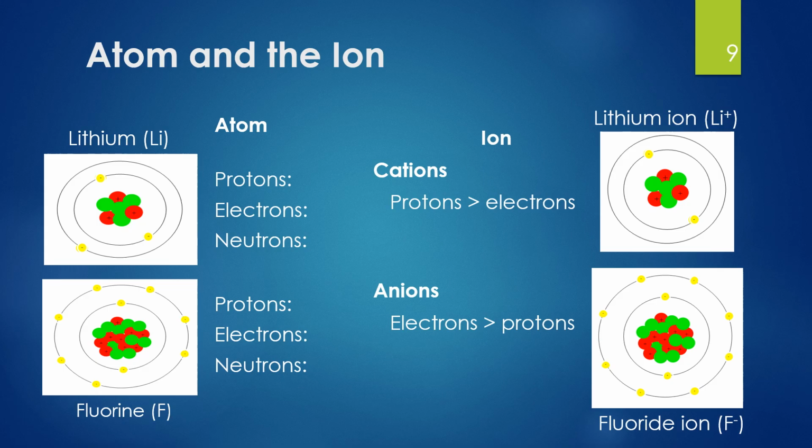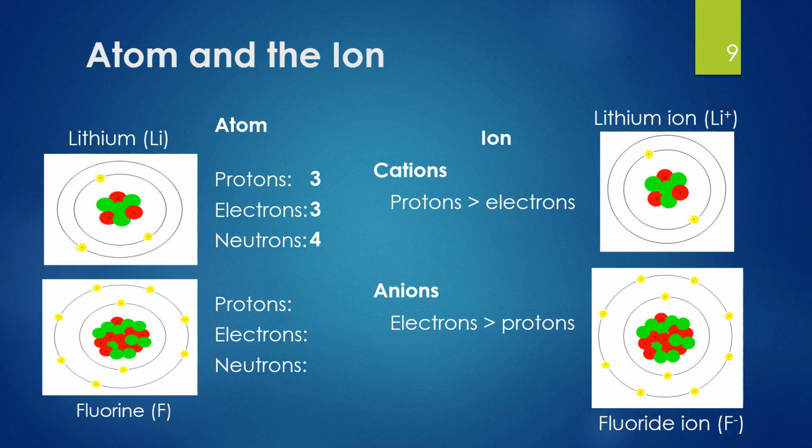So there should be the same number of protons and electrons in a neutral atom. The neutrons are the green spheres located in the nucleus of an atom. Now remember, neutrons are neutrally charged, so they don't have a charge. So looking at the overall count, we have 3 protons, 3 electrons, and 4 neutrons.